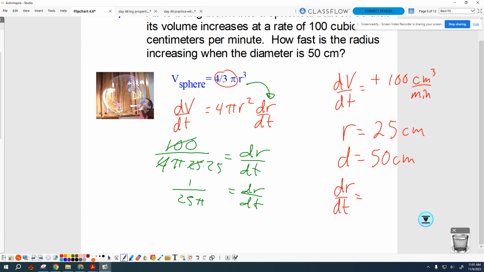What are my units? Chan, what are the units? Centimeters per time unit. What are my time units? So at that snapshot in time, it doesn't mean that the radius is changing at 1/25 pi centimeters per minute in the whole time of blowing up the balloon.